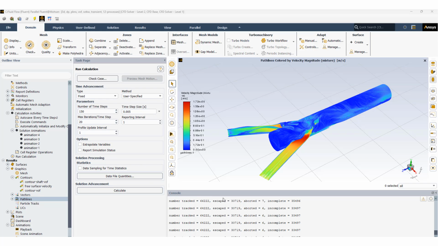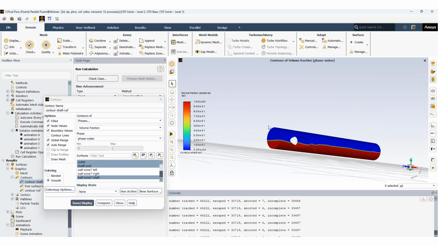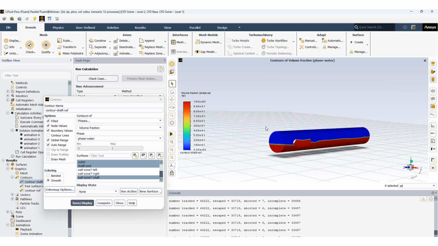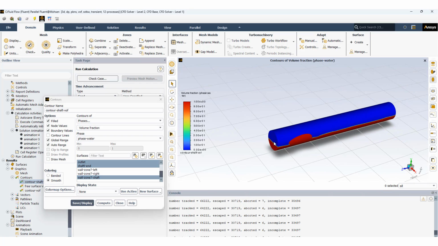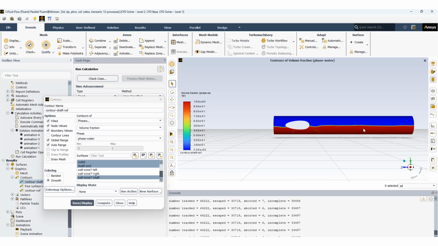Okay, the solution is done, and I start post-processing. Look at some of the contours that I used. It is only for the larger tube, where you can see exactly where the water level is, and it is wavy.